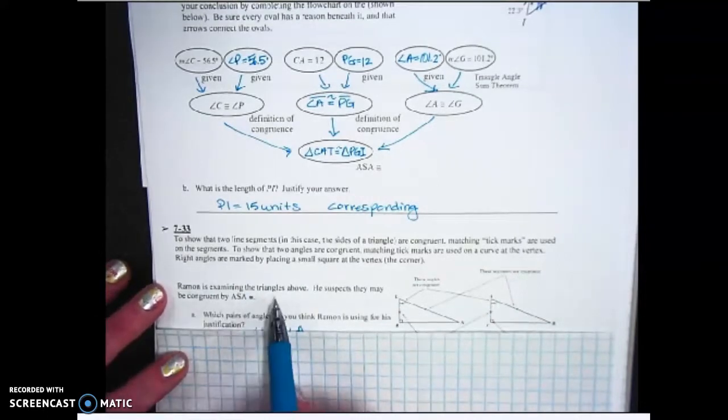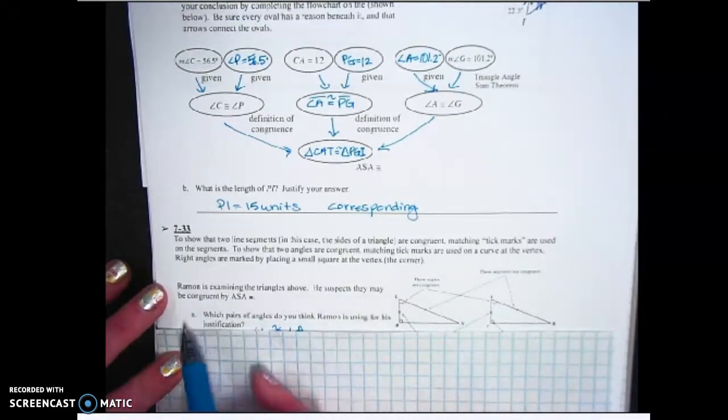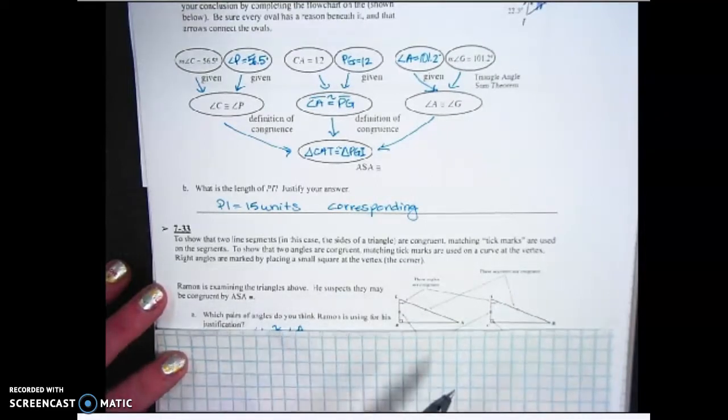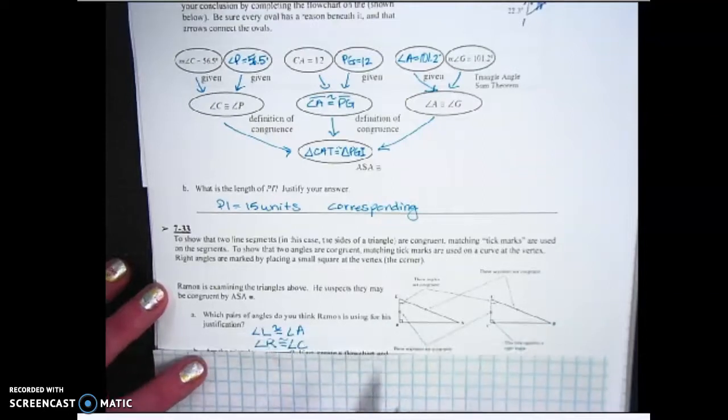Ramon is examining the triangles above. Well, they're to the right. He suspects they may be congruent by angle, side, angle. Part A says, which pair of angles do you think Ramon is using for his justification? So we've got a little box here at R, and we've got a little box here at C. So he's got to be referring to R and C for sure, because they both have little boxes.